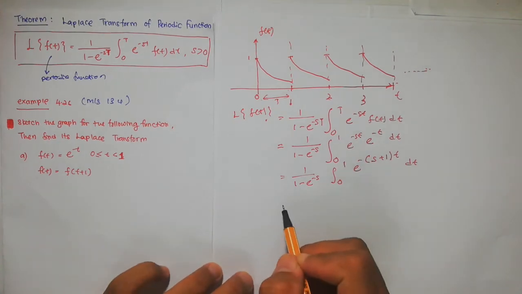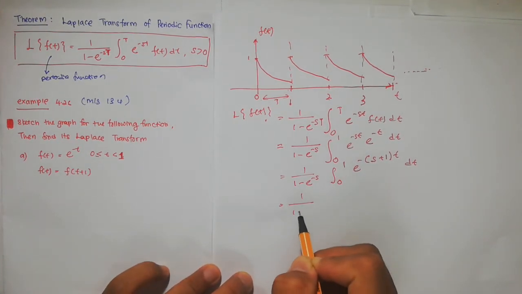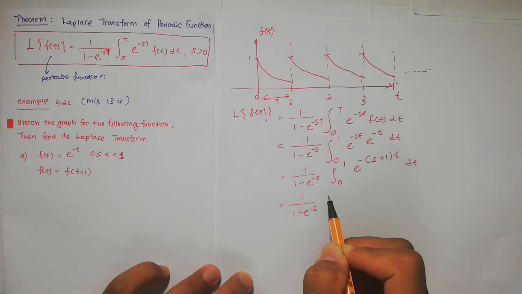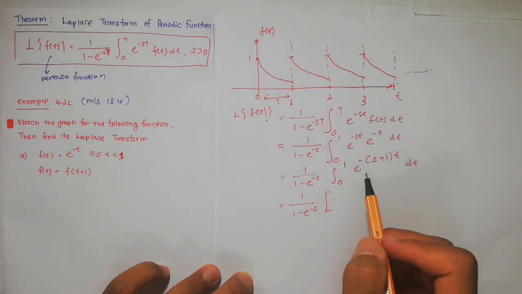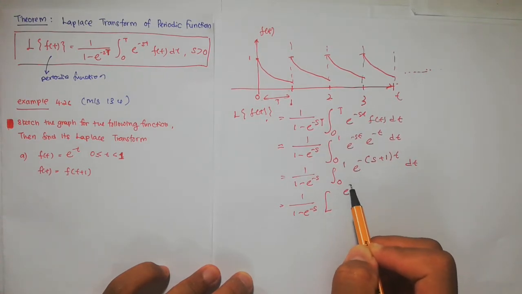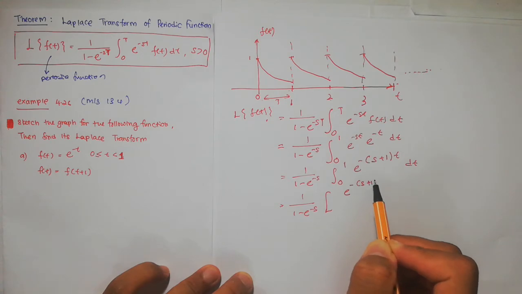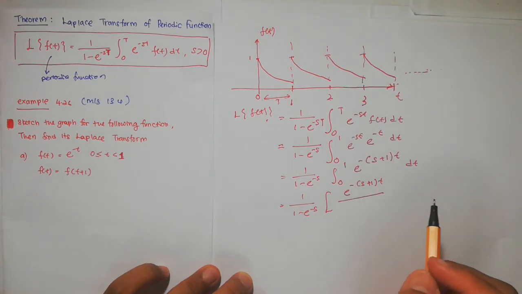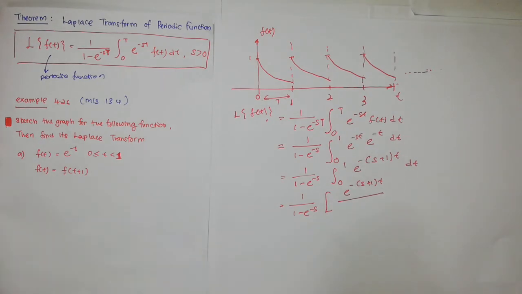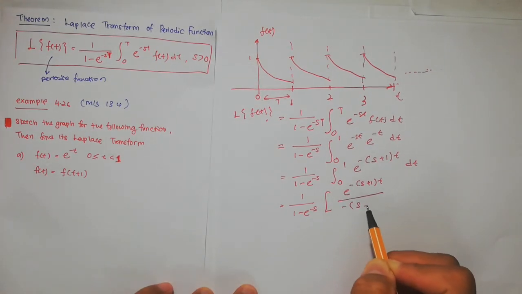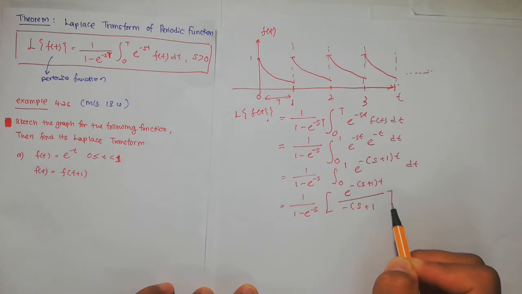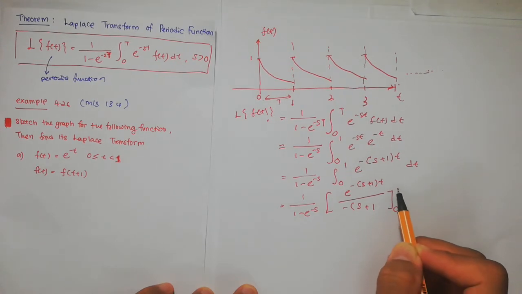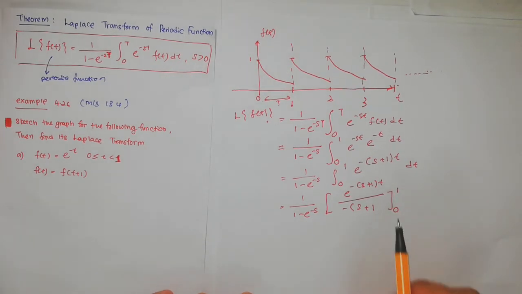So we have 1 over 1 minus exponent negative s, and the integration for this one will be equal to exponent negative (s plus 1)t, divided by negative (s plus 1), where we find the value from 0 to 1.